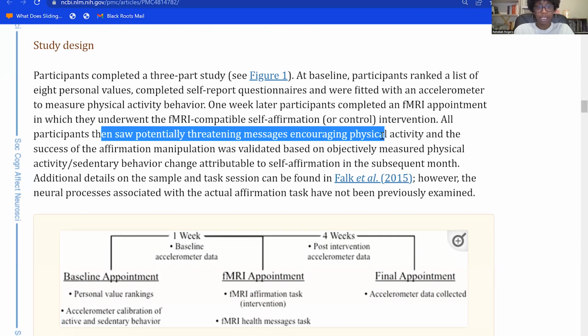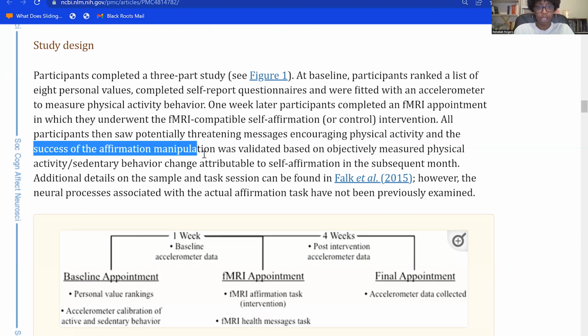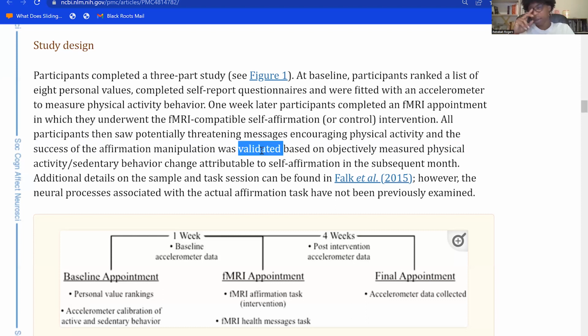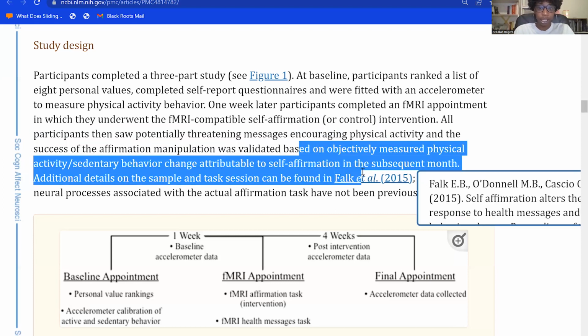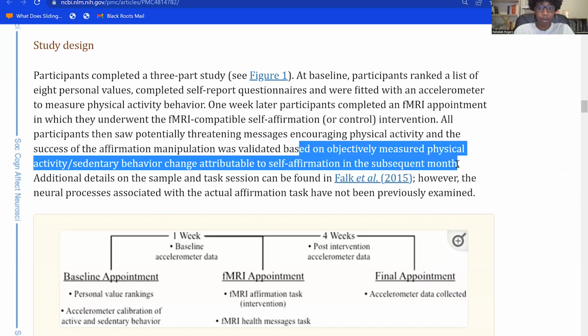And then the success of the affirmation manipulation, so whether or not they got that self-affirmation, was validated. Validated means compared to something else. So they decided, yes, this was actually true based on objectively measured physical activity, sedentary change attributable to self-affirmation and subsequent. Okay, so changes in how much they're moving and or not moving in the following month is how they are seeing if the affirmations worked.